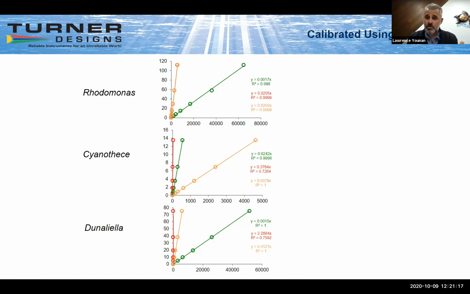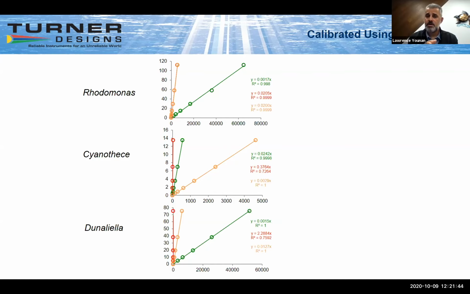So how do we go about the calibration? And this is just an example. This isn't the exact one. But we use representatives from each group we're trying to target. Rhodomonas, for example, PE containing. Cyanobacteria, PC containing. Dunaliella, neither one of those. It's a green alga. And each group or each representative is going to be seen differently by the 3 different sensors. That's the plot you're seeing there.